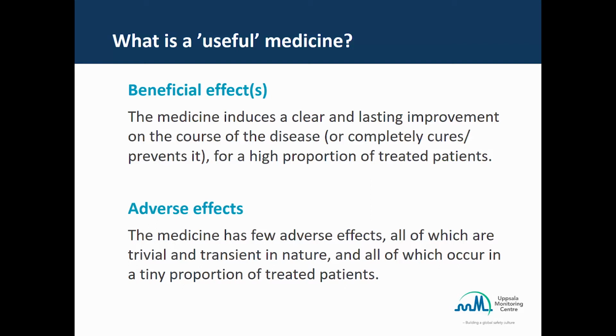The medicine induces a clear and lasting improvement on the course of the disease, or alternatively completely cures or prevents it, for a high proportion of treated patients. And for the adverse effect, I've written the medicine has few adverse effects, all of which are trivial and transient in nature, and all of which occur in a tiny proportion of treated patients.